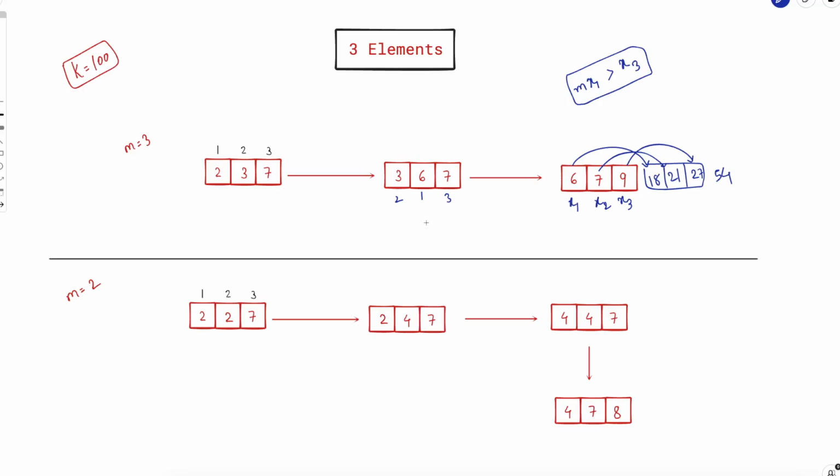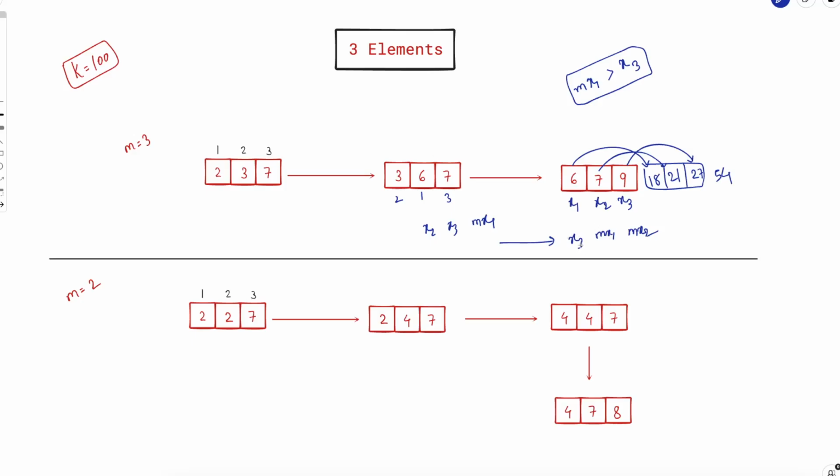So after one operation, this would be x2, x3 and mx1, right? Now let's apply one more operation here. After you apply one more operation, this will be the smaller one for sure, because this was greater than x1, but now x1 is greater than x3, so this is the smaller one. So once you apply the operation here, this would become x3, mx1 and mx2. Why is mx2 greater than mx1? Because x1 was actually smaller than x2 in the first place, right? So that's why mx1 will always be smaller than mx2.